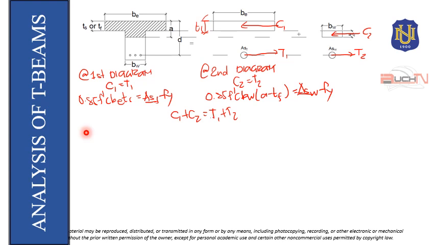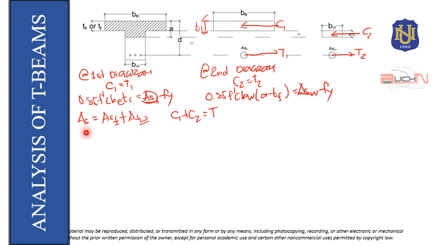Remember, this T1 plus T2 is equivalent to T. So, we can use this as T. Because remember also, the A_sf and A_sw, when we add them, A_s is equal to A_sf plus A_sw. That means we form the steel area of our beam, because this is the steel area for the flange section, and this is the steel area for the web section.